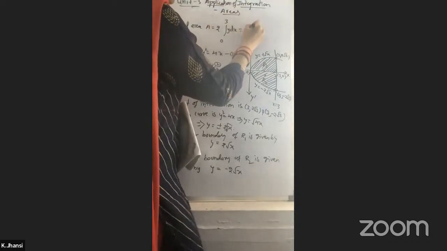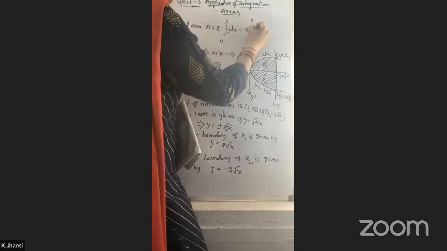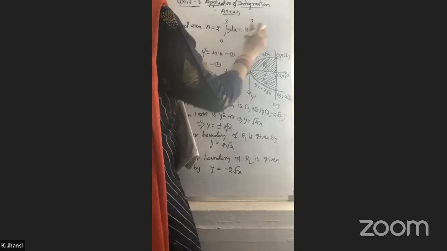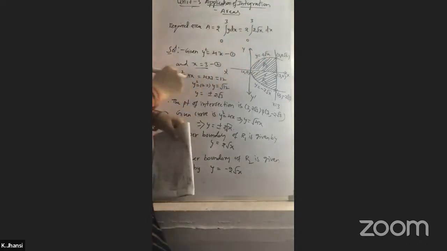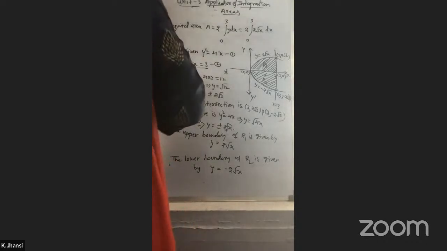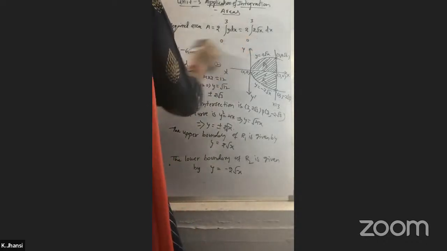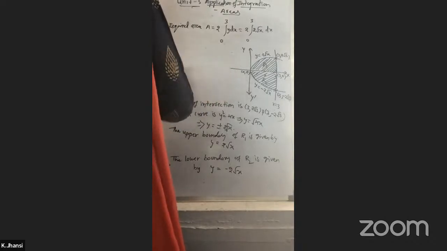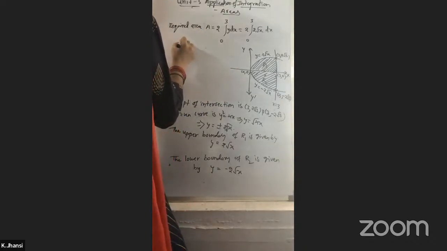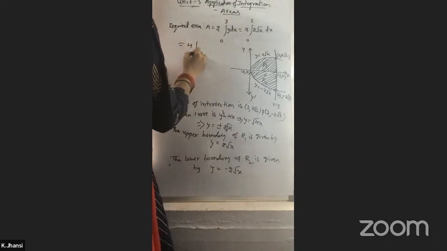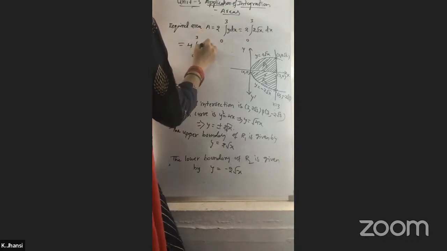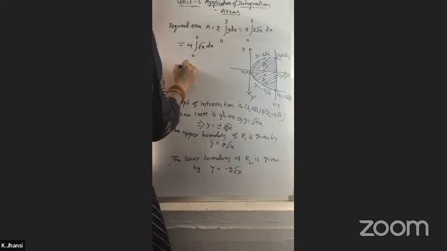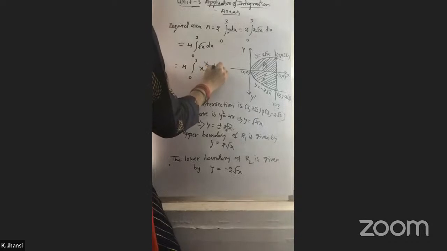So it is 2 into integral 0 to 3 of 2 root x dx. Okay, this is our y. So 2 into 2 is 4. So integral 0 to 3 of root x dx. Root x we can write as x to the power of 1 by 2 dx.